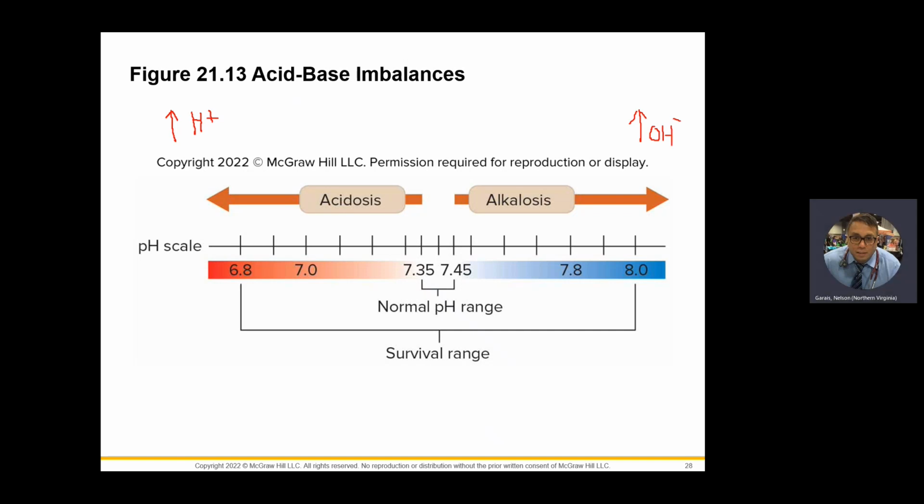So OH minus, H plus, and that's how we look at acid-base balance. The body likes to concentrate on getting rid of this. If I'm too acidotic, I'm going to try to get rid of this. If I'm too alkalotic, I'm going to try to keep this, to offset this.